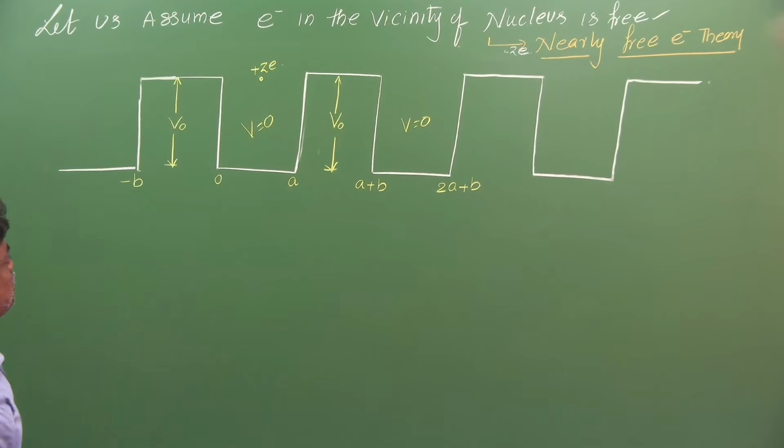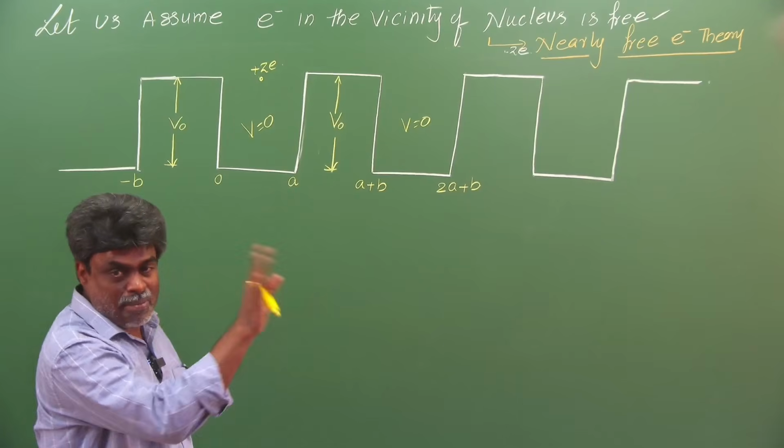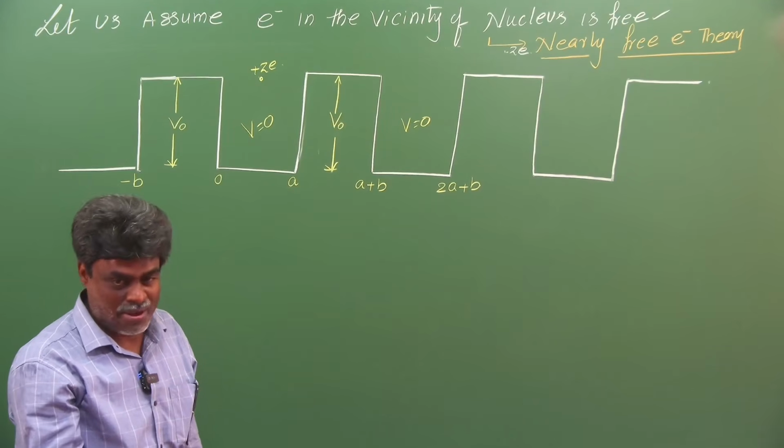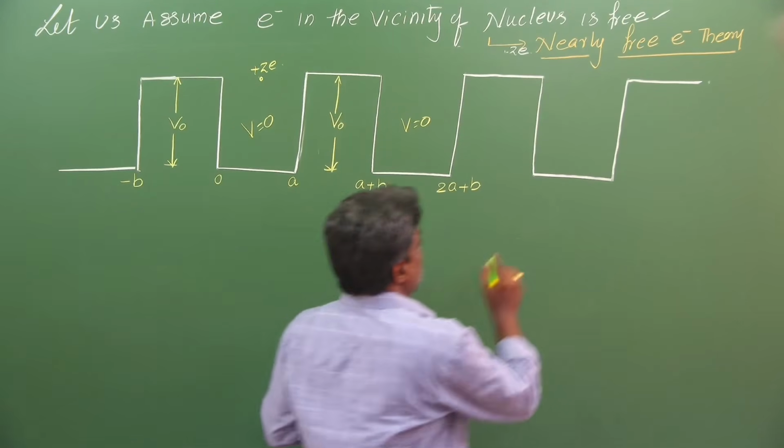Now carefully observe. Your potential is varying periodically. So what is the periodicity? First find this.